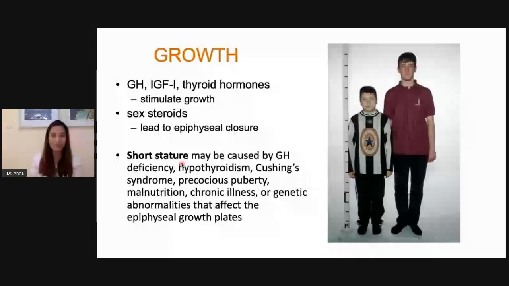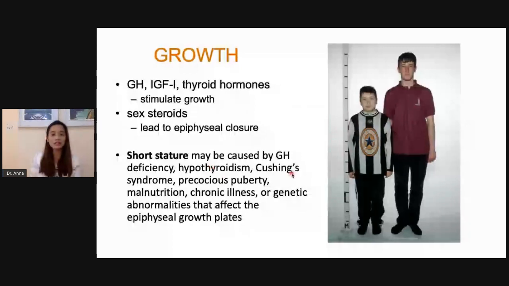So people can have short stature if they have growth hormone deficiency, or even hypothyroidism in childhood, especially in the neonatal and infancy period.